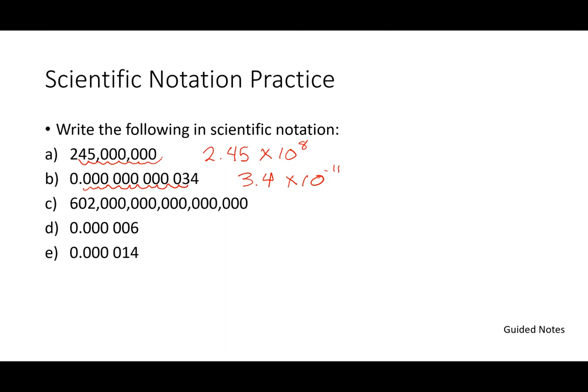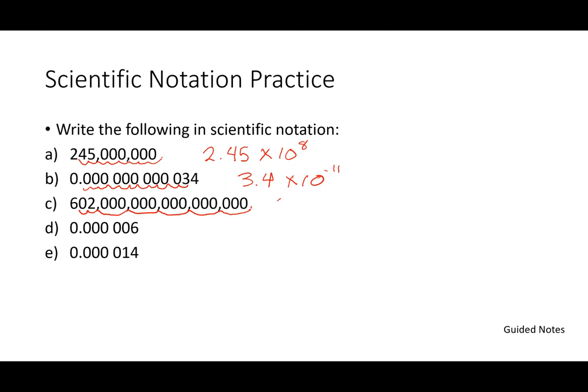Okay, let's move on to letter C here. Where's the decimal on this one? Again, there's an implied decimal right there. Let's count these over. So 3, 6, 9, 12, 15, 16, 17, okay?